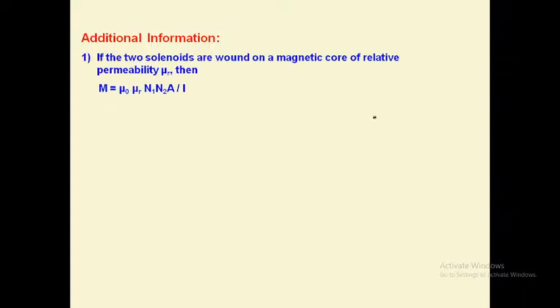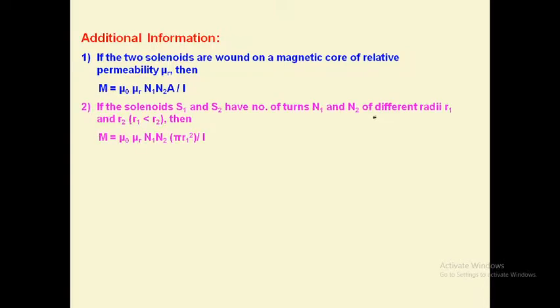But you may have some additional information here for the pair of solenoids. Instead of air, if you have some core material, then you know very well that relative permeability will turn up. If the solenoids have numbers of turns N1, N2 and different radii R1 and R2, always remember the smaller radius will appear in the formula of area, meaning we are concerned with the common area.